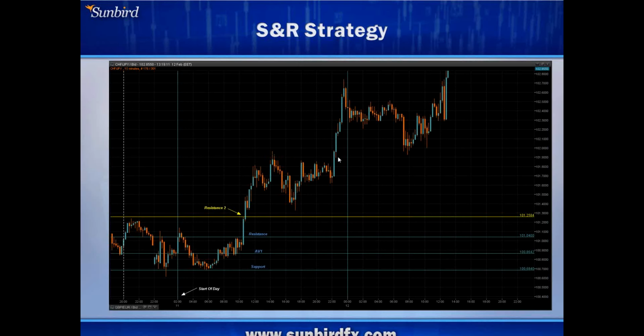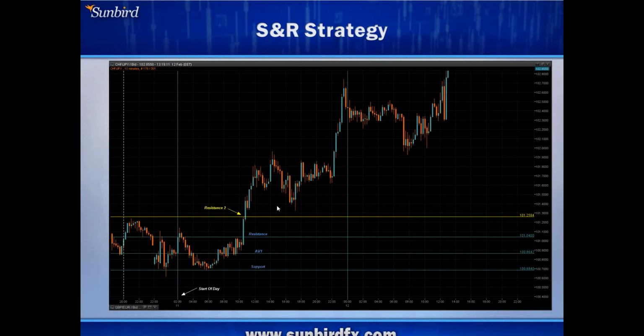another SNR strategy. After that, my SNR strategy worked, I can put another one here, put my lines, put my expectations, and open my position. Remember, this is on the CHF JPY.